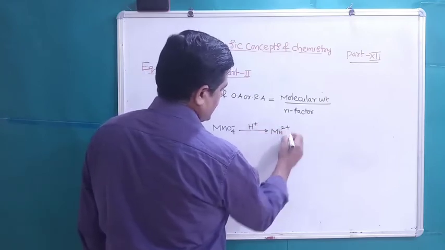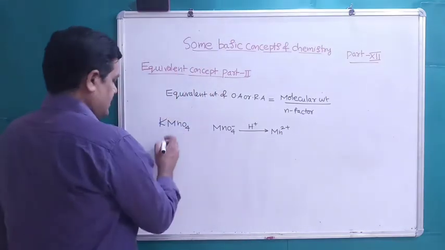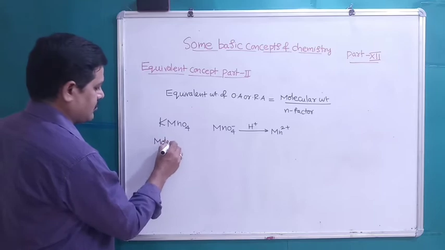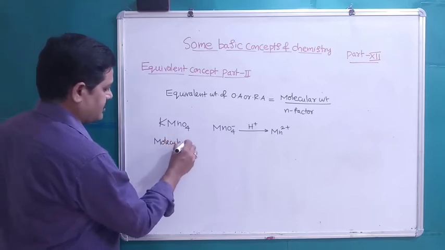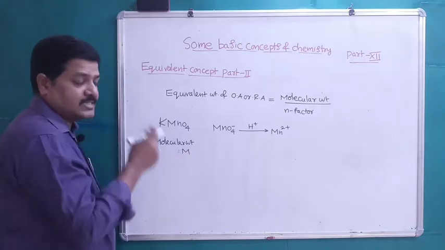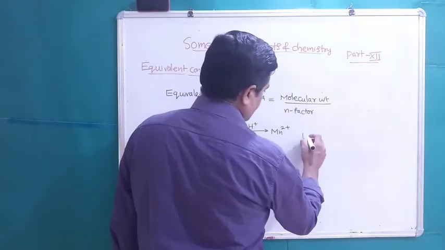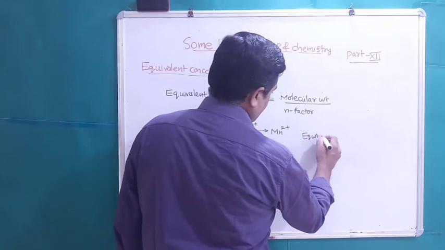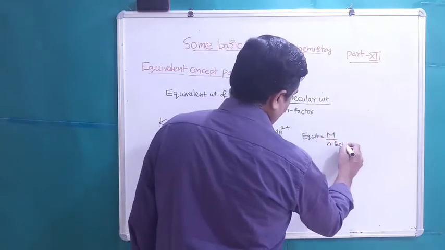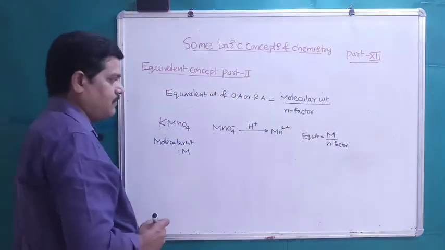If the molecular weight of potassium permanganate is M, then its equivalent weight is equal to molecular weight divided by n factor.